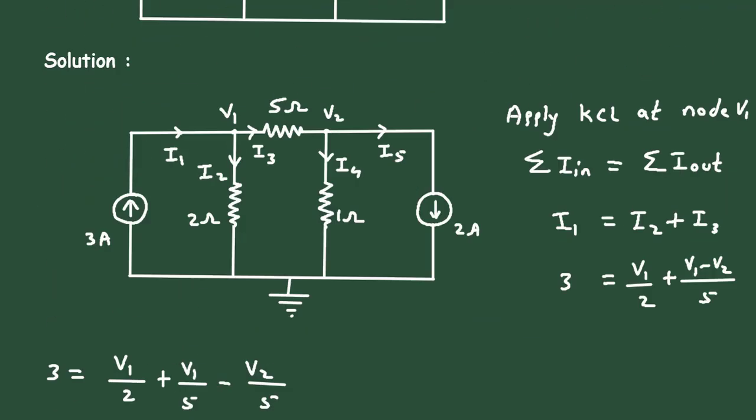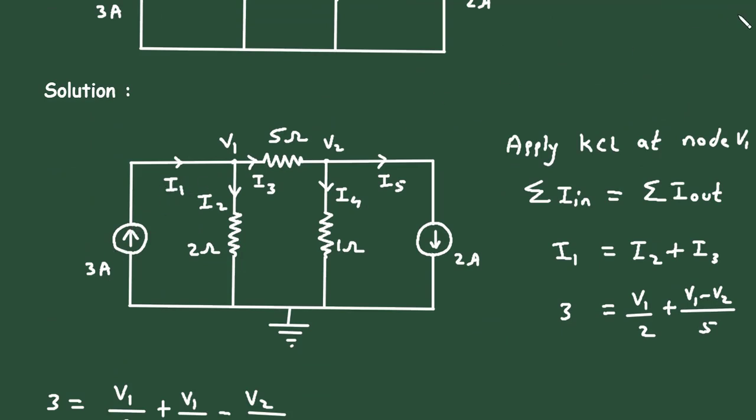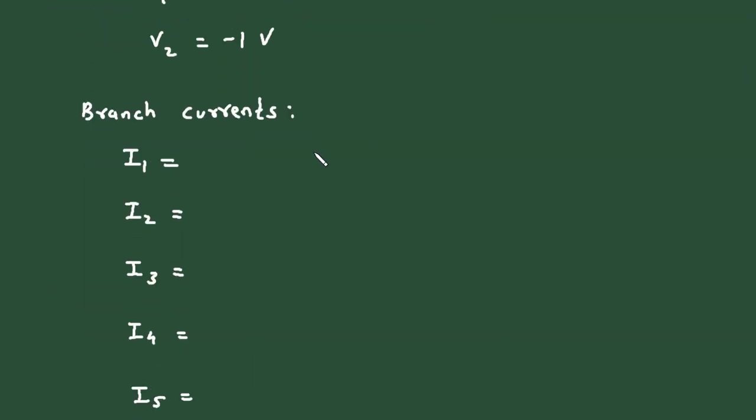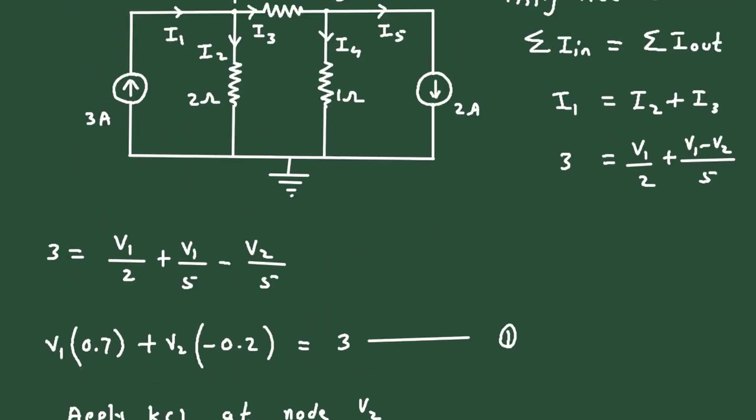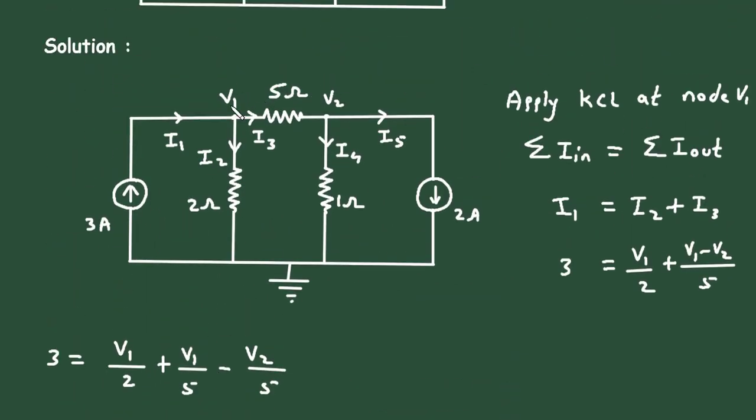Now here we can see I1 is equal to 3 ampere. Then I2 is equal to V1 minus 0 divided by 2.